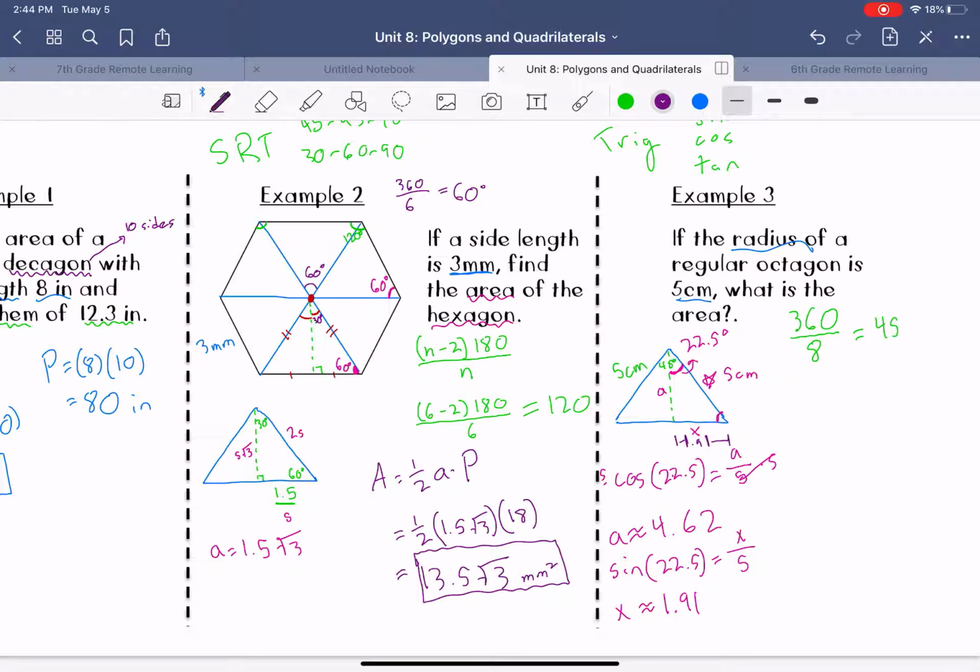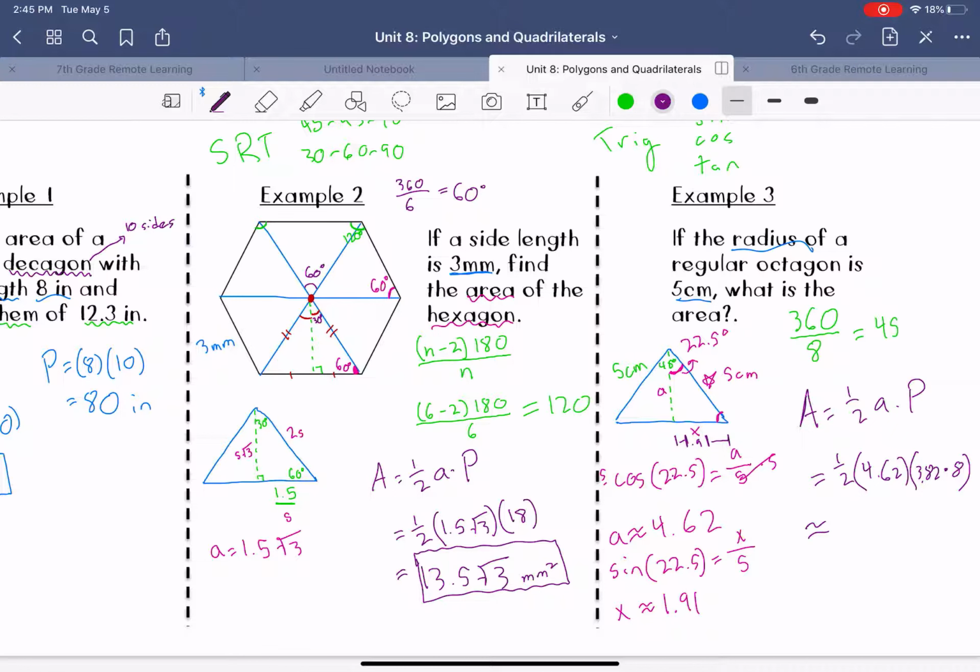So let's talk about finding our area. Area is, again, 1/2 the apothem times the perimeter. In this case, it's going to be 1/2 times our apothem, which is 4.62, times our perimeter. Our perimeter is a side length, which is 1.91 times 2, which is 3.82, times the number of sides, which is 8, because it's an octagon.